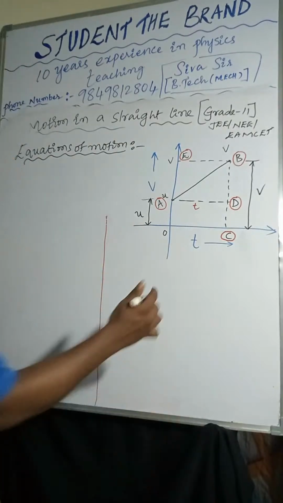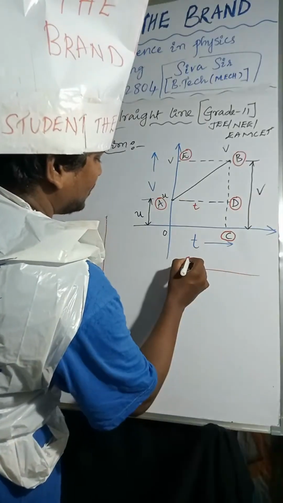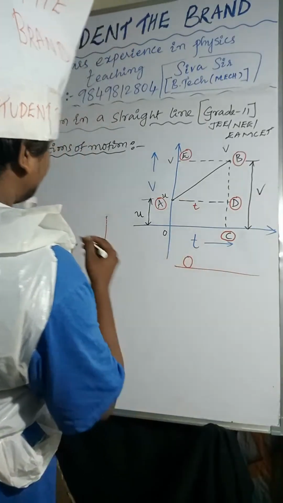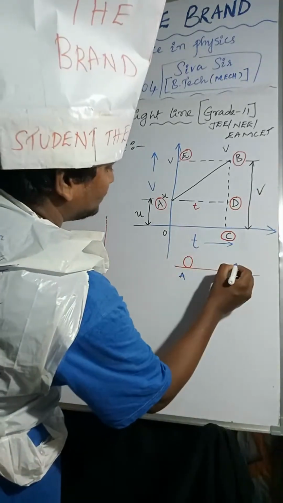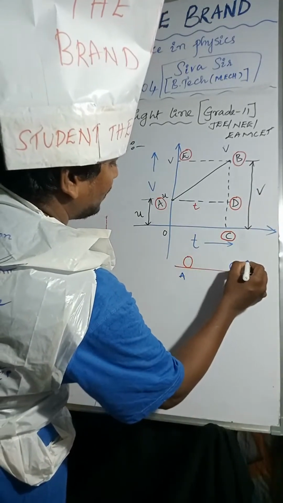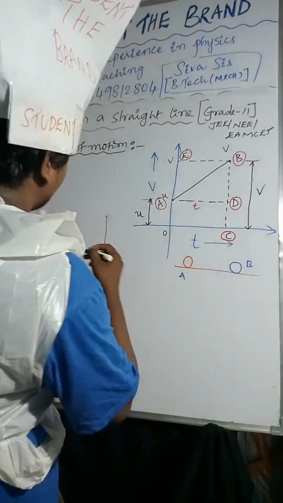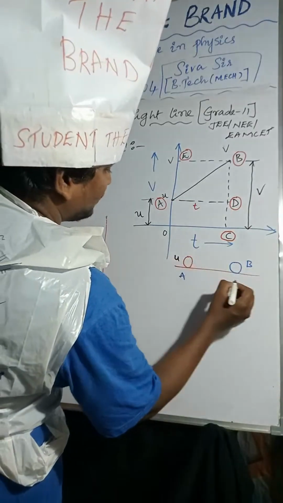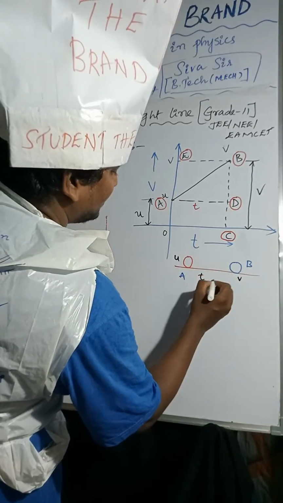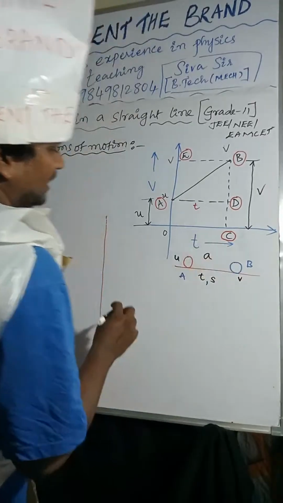The object is at point A and reached point B. Initial velocity is u, final velocity is v, time t, and acceleration a.